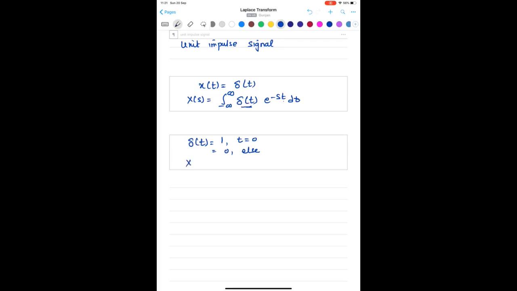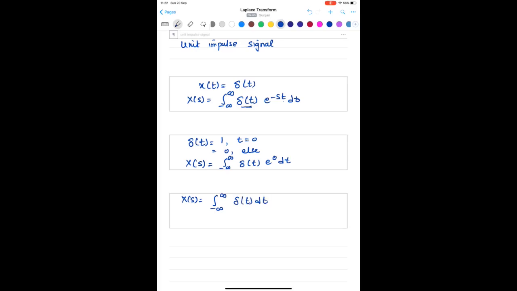So we can say that x of s is equivalent to minus infinity to infinity delta t e raised to the power 0 dt, because t is equal to 0. So x of s is equal to minus infinity to infinity delta t dt.